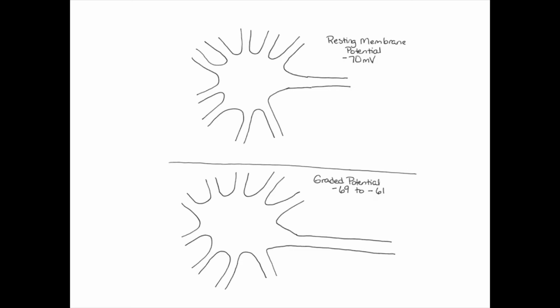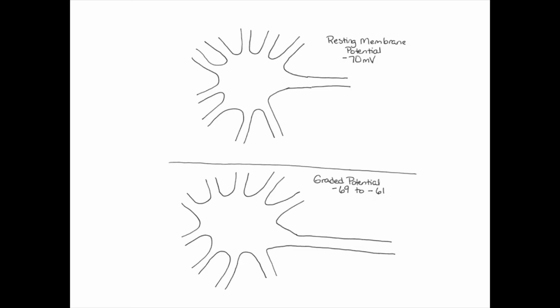It's just resting and there's no disturbance. And we know in that cell that the resting membrane potential is negative 70 millivolts, right? That's what it is inside the cell.